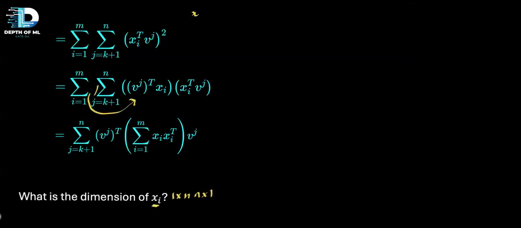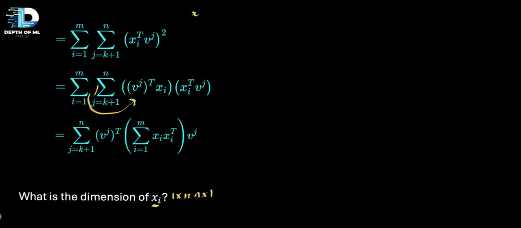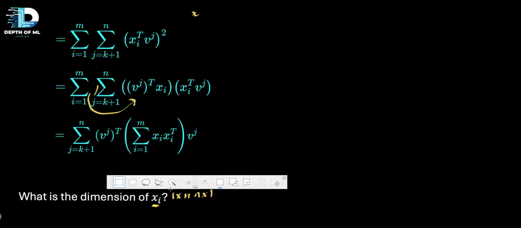Just a second. This is the data point, this is x1, x2, x3. This is my matrix. These are actually n cross 1. Feature is 1 cross n, no? Data point will be n cross 1, is it?